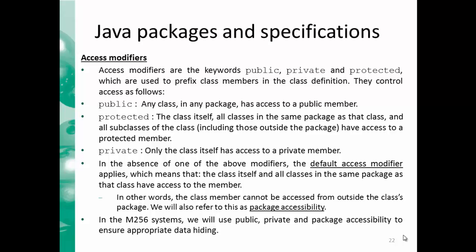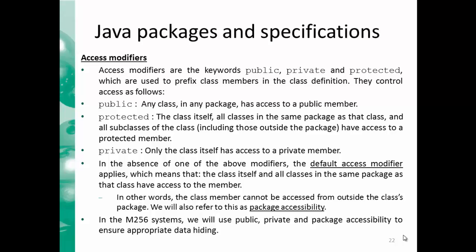modifier. In case of public, any class in the package or in any package can access the public member. When it's protected, the class itself can access it. All classes in the same package can access it, and any subclass outside the package can access the protected member.